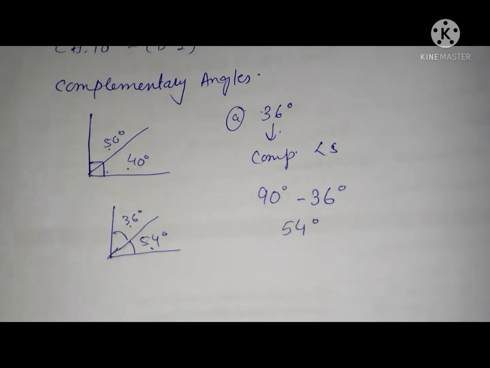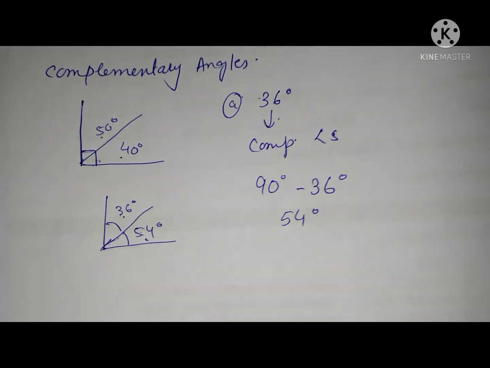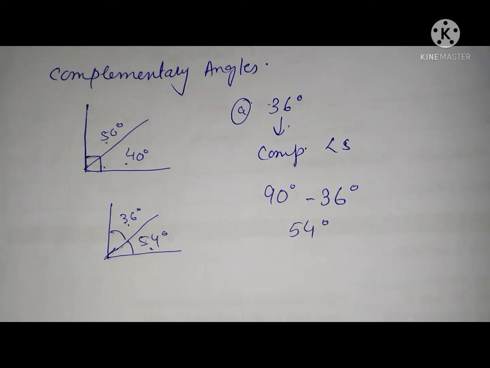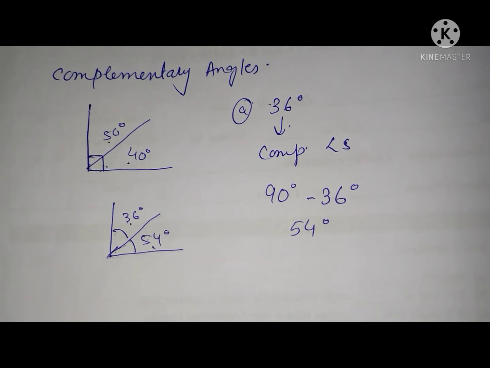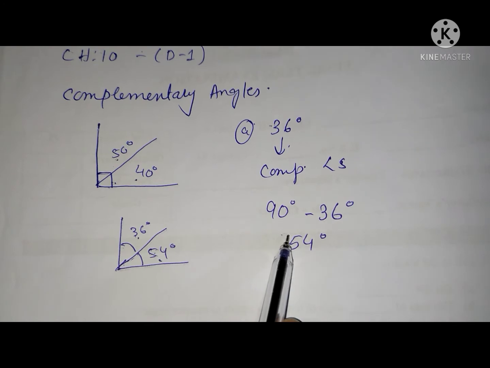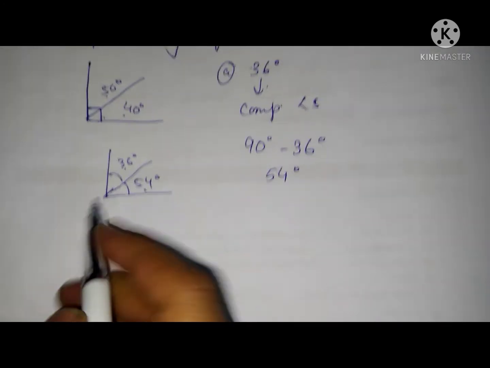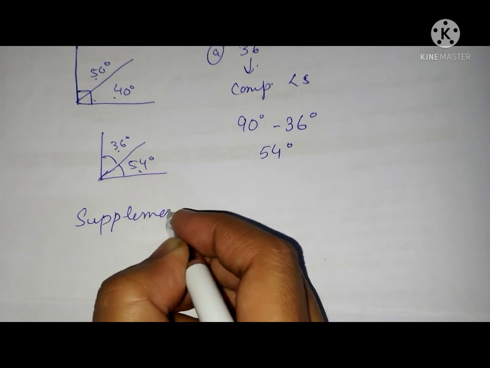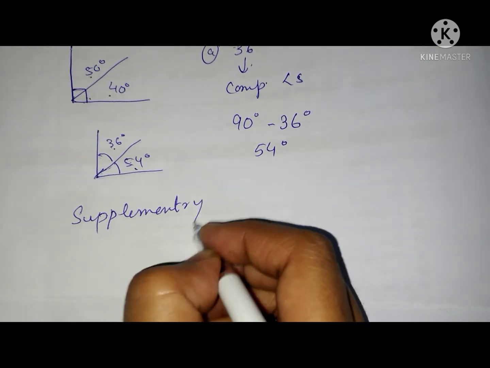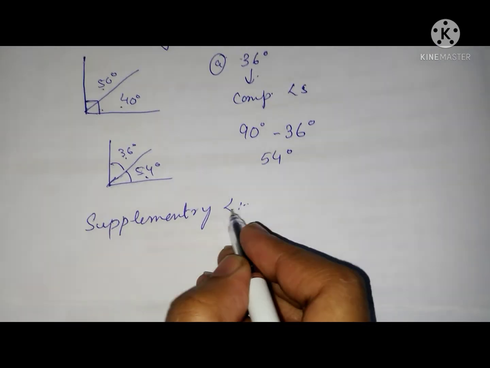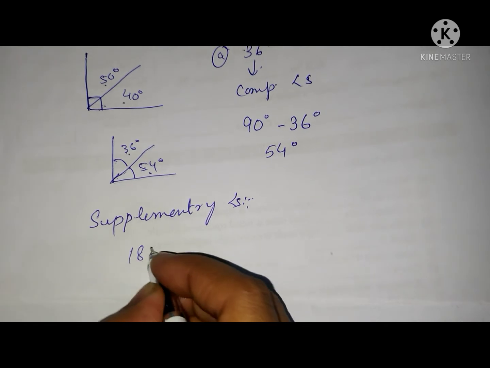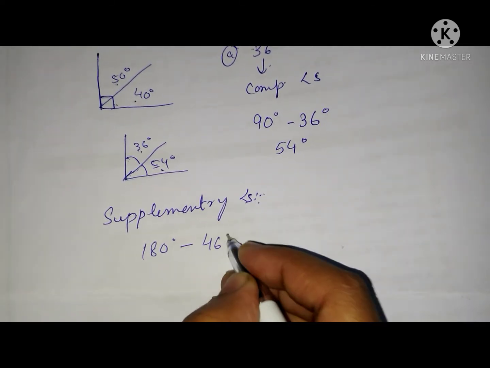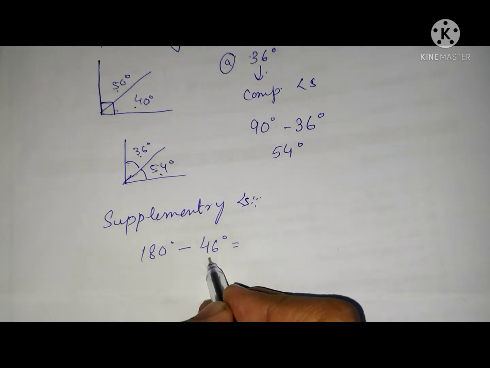So that is a very simple concept. If they are asking about the complementary angle, then you have to subtract the given angle from 90. And if they are asking about the supplementary angle, then you have to subtract that angle from 180. Suppose they say find the supplementary angle of 46 degrees.